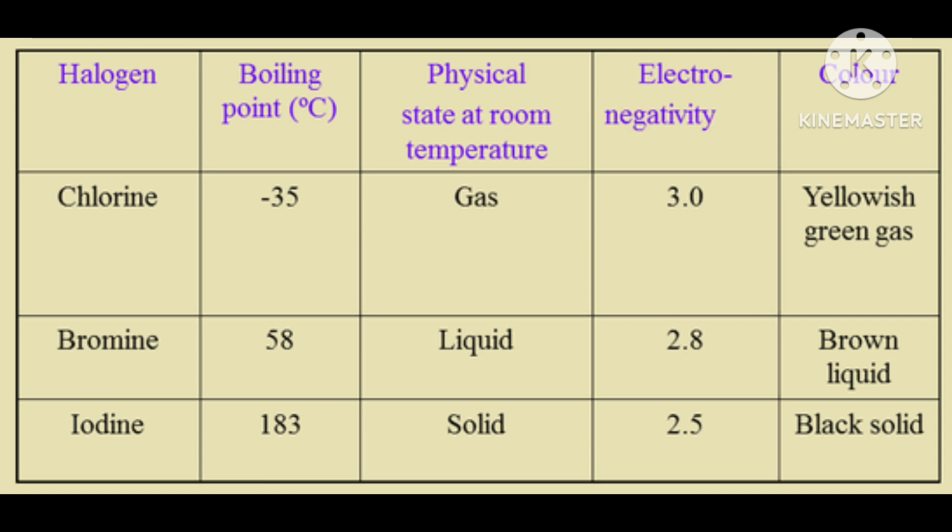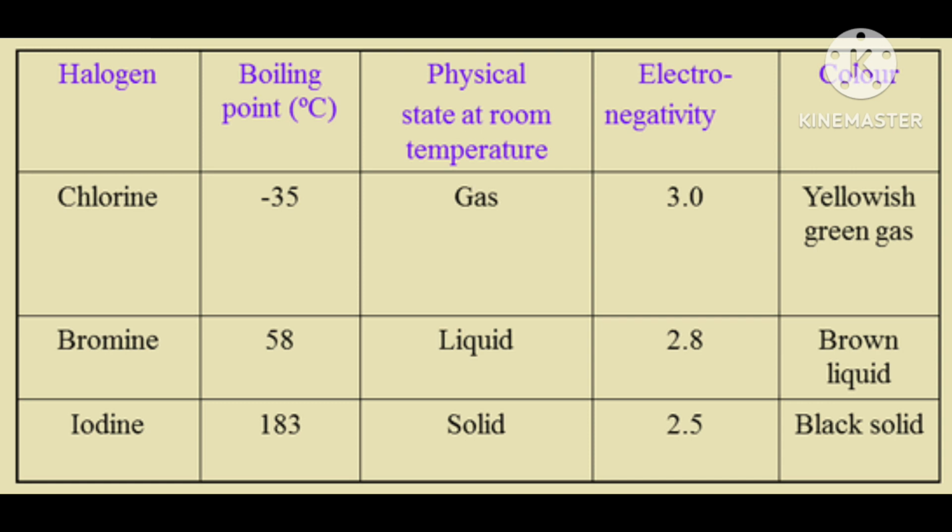Here I am talking about halogen atoms other than fluorine, that is chlorine, bromine, iodine.